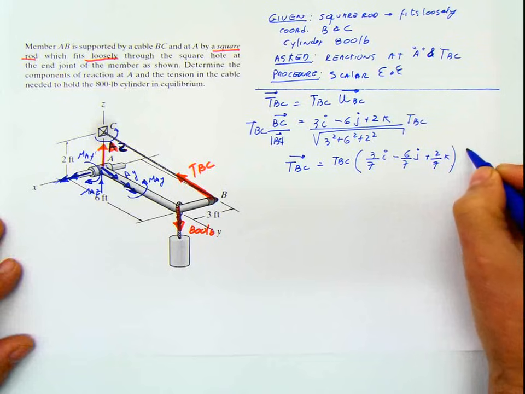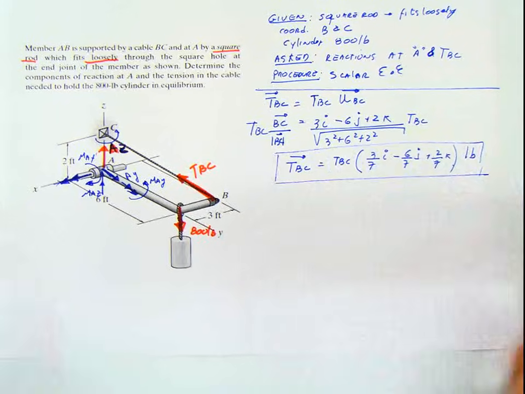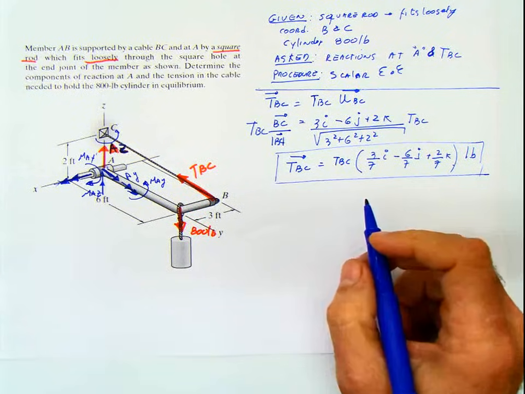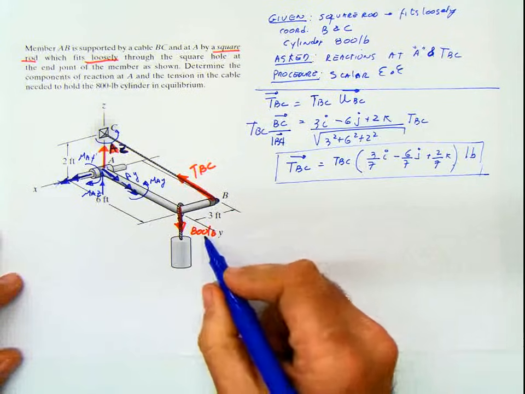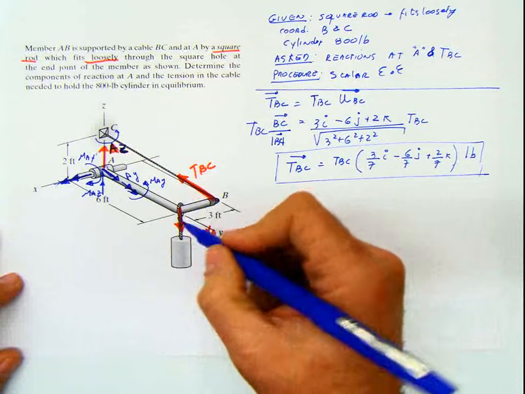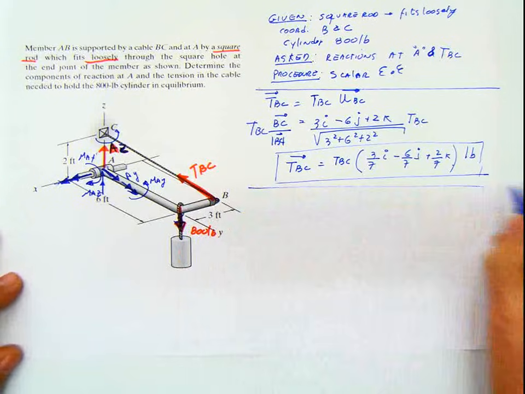And remember, from time to time, it doesn't hurt to put the units for that. Okay, now once I have that force, the other force is going to be going in the z direction negative because it's the weight acting like that. So we can start applying our equations of equilibrium.